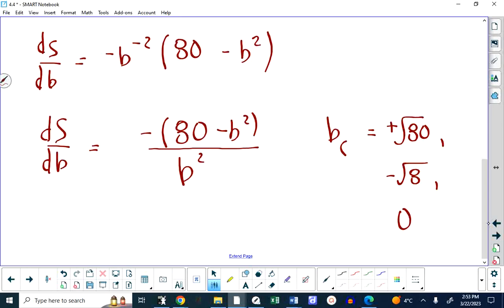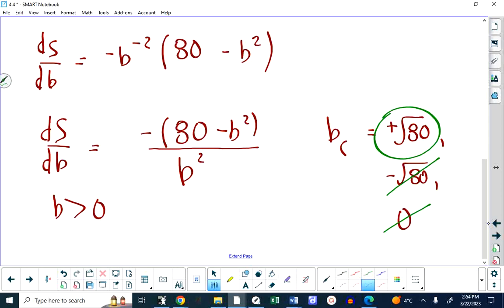The fact that you were told they are positive numbers means b must be greater than 0, and that means you exclude 0, you exclude the negative of the square root of 80. The only critical value for b that survives is that.